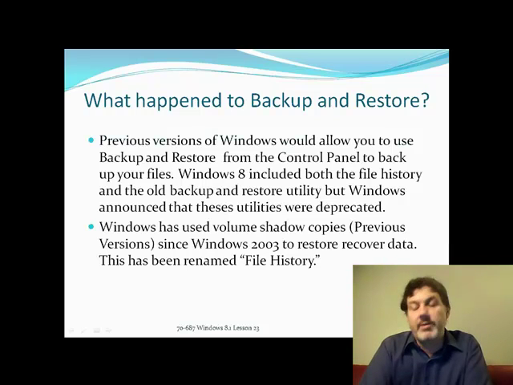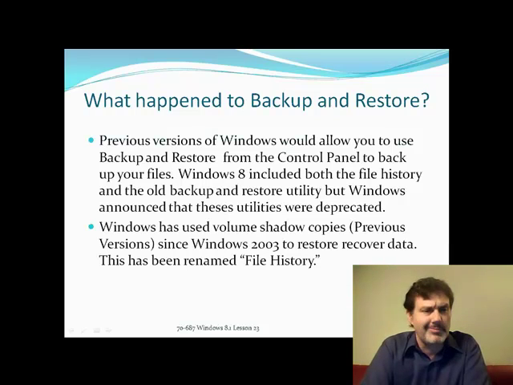So, why did they do this? Well, we could speculate that they really wanted us to start using file history, which arguably by some could be considered a much better utility for allowing us to restore from previous versions of files and folders. And we'll talk more about that momentarily.